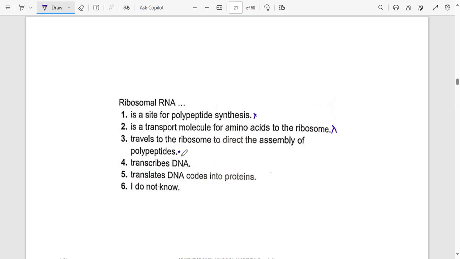Transcribes DNA. Is that true? It's not about DNA. Translates DNA codes into proteins. Is that true? It's supposed to be RNA into proteins, not DNA. So which one now?